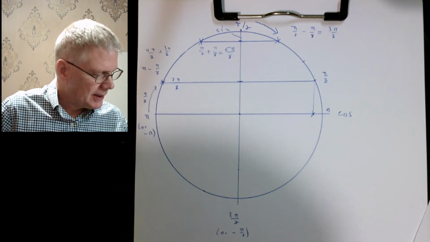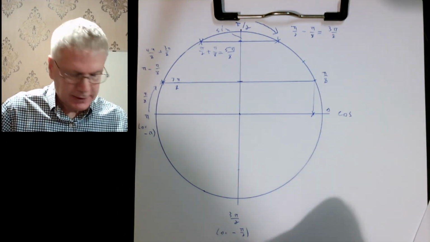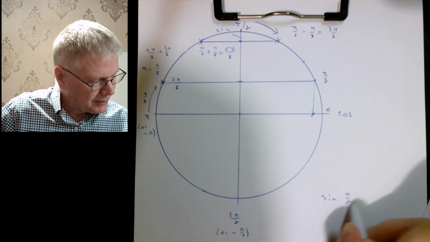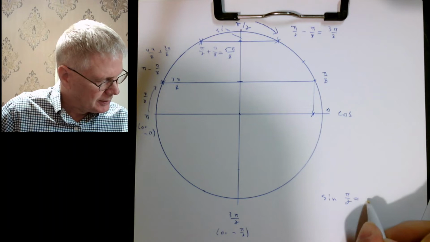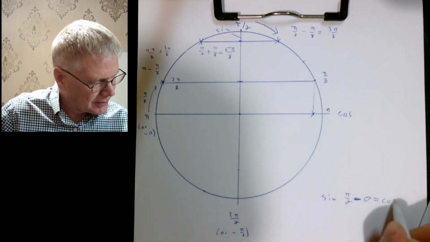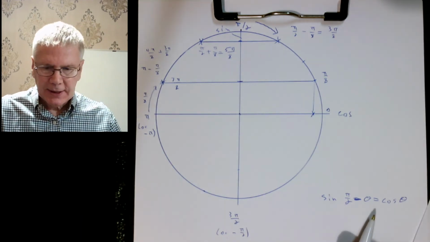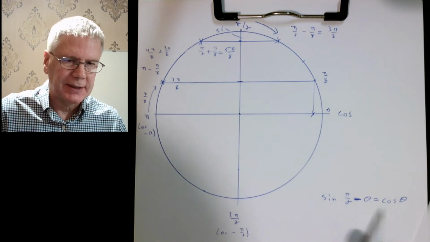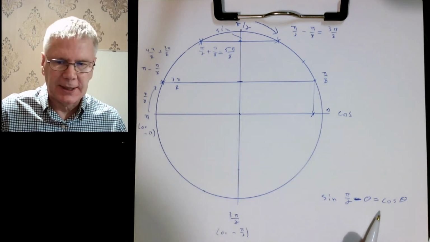So yes, there's an identity: sine of pi over 2 minus some angle theta is equal to cosine of theta. You can find this in trig identity tables, and you can see here how that identity comes into play graphically.